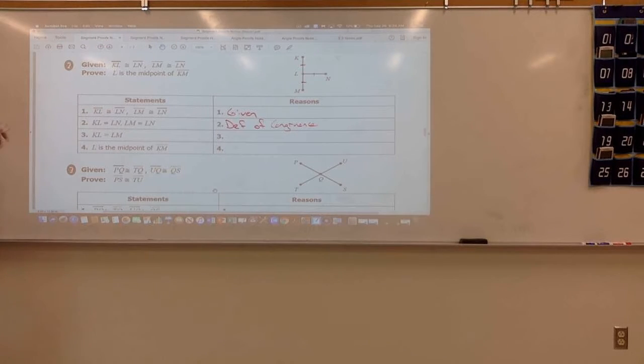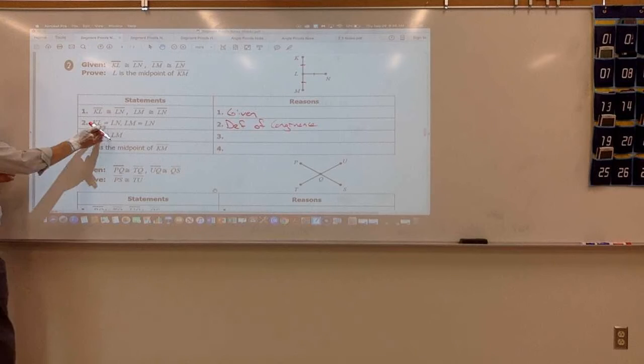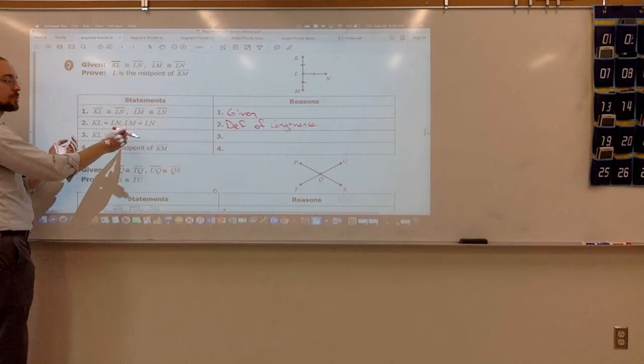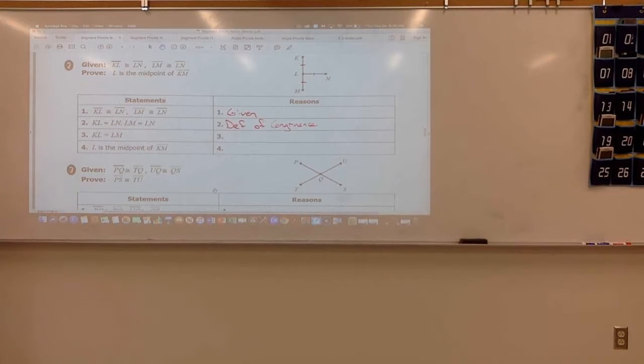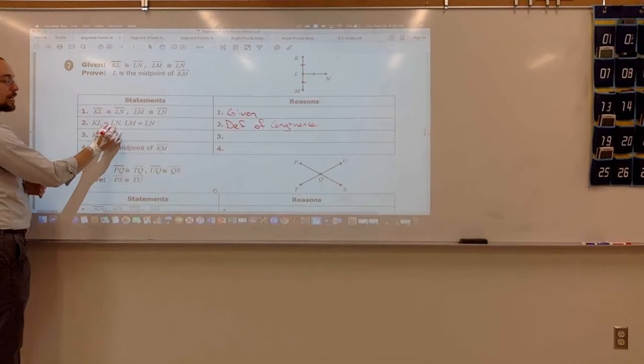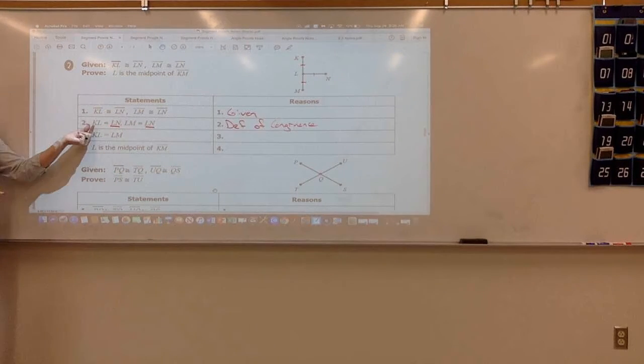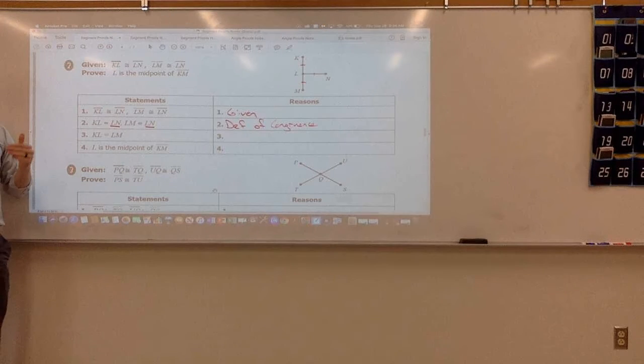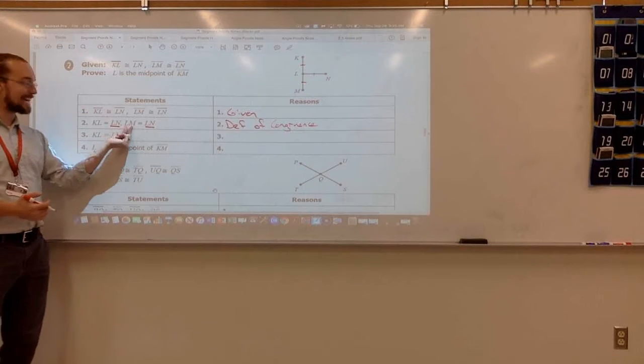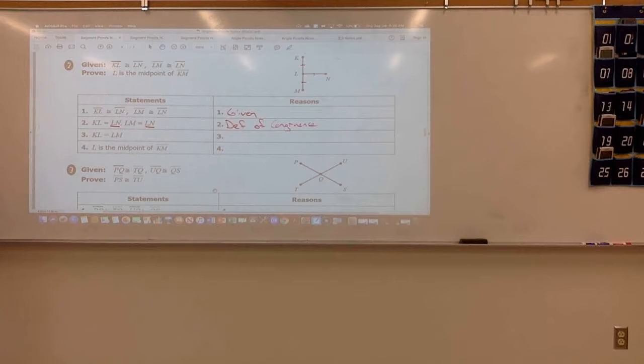Well, you're on the right track. But since these are two separate equations, I can't just subtract. So if we look at line 2, I've got two things both equal to LN. I've got KL equal to LN, and then I also have LM equal to LN. We could use substitution here.